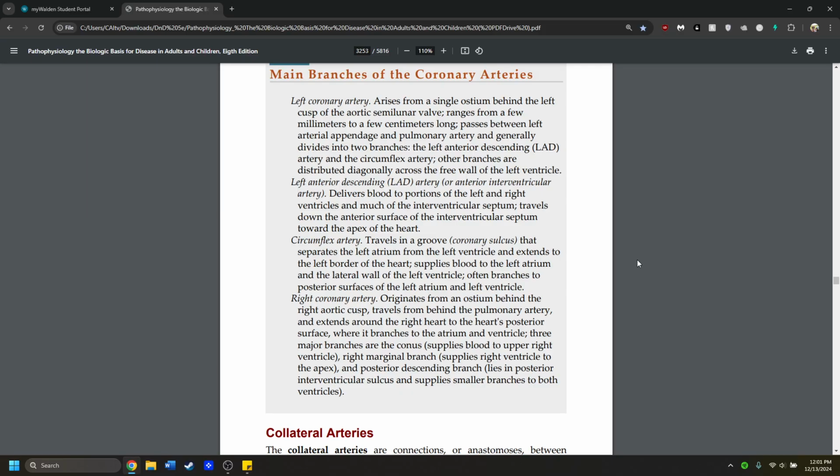The left coronary artery arises from a single ostium behind the left cusp of the aortic semilunar valve. It ranges from a few millimeters to a few centimeters long. It passes between the left atrial appendage and pulmonary artery and generally divides into two branches, the left anterior descending, or LAD, artery and the circumflex artery.